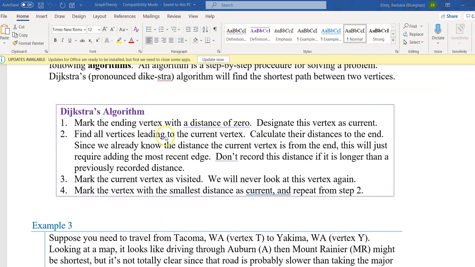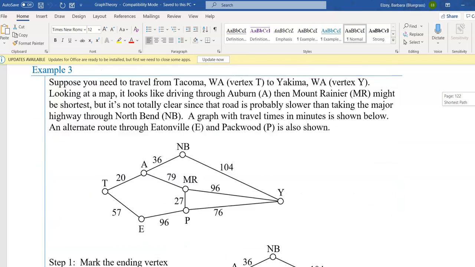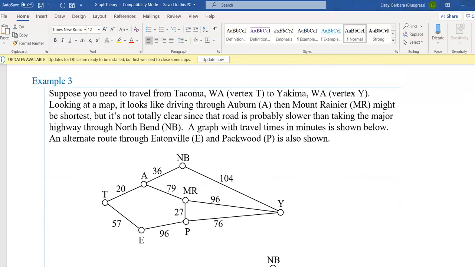Here are the instructions in your textbook, and I just think it's very difficult to understand what they're saying. So we're going to do an example, which I think will make it a lot more understandable. I'm going to bring this example into play, and we're going to do Dijkstra's algorithm on it to find the shortest path.